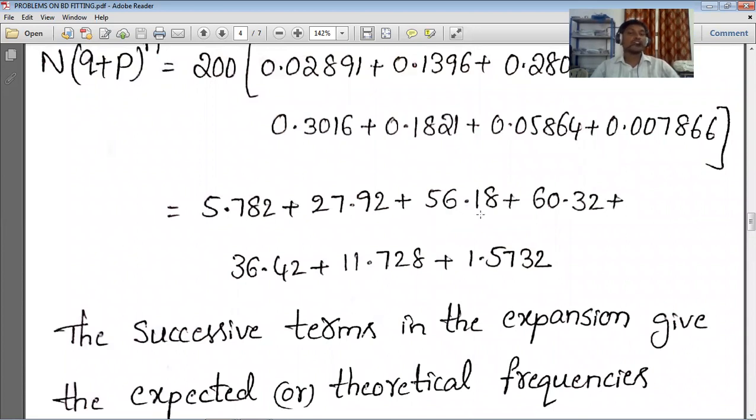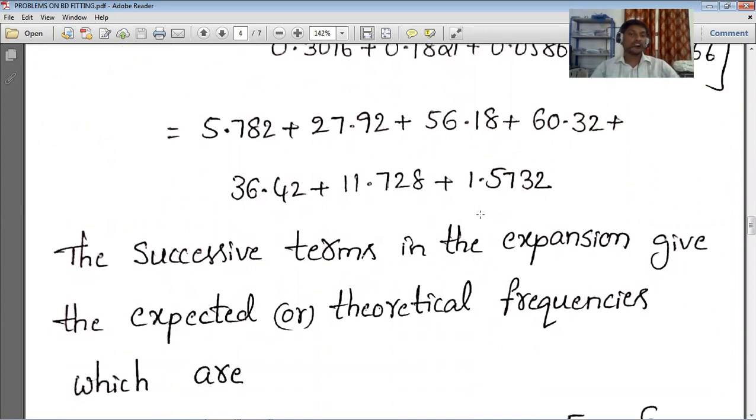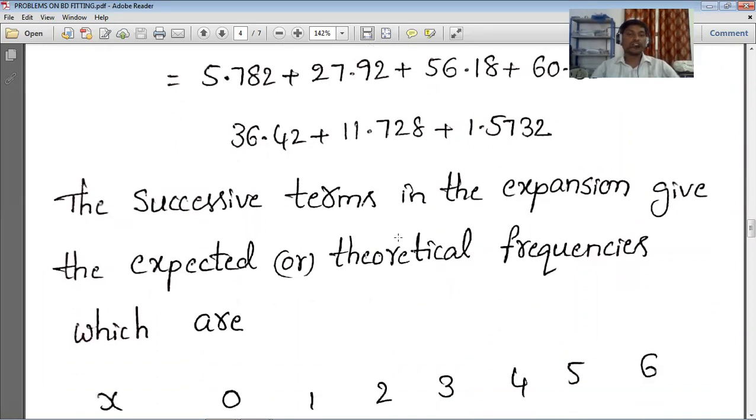Now we have to write the expected frequencies. The successive terms in the expansion give the expected or theoretical frequencies. It means whatever we calculated, we call these the expected frequencies. Now we have to write here.